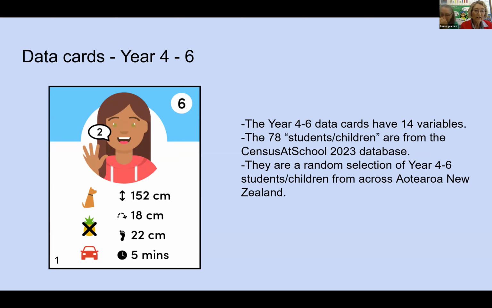And then when you finish looking at them all, you can say there are 14 variables, and then you can share what each variable means. I used them for year 5 and 6, and they were equally as good, and they noticed different things. So when you're in a different class or with different learners, they'll see different things.